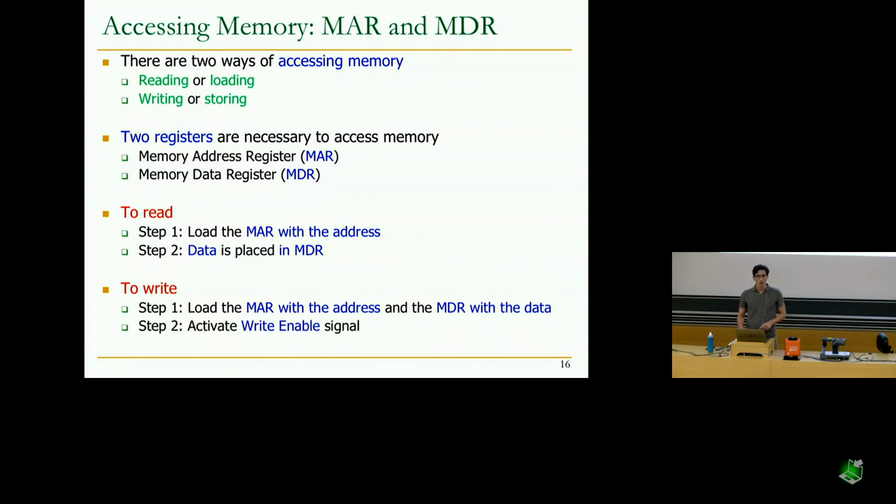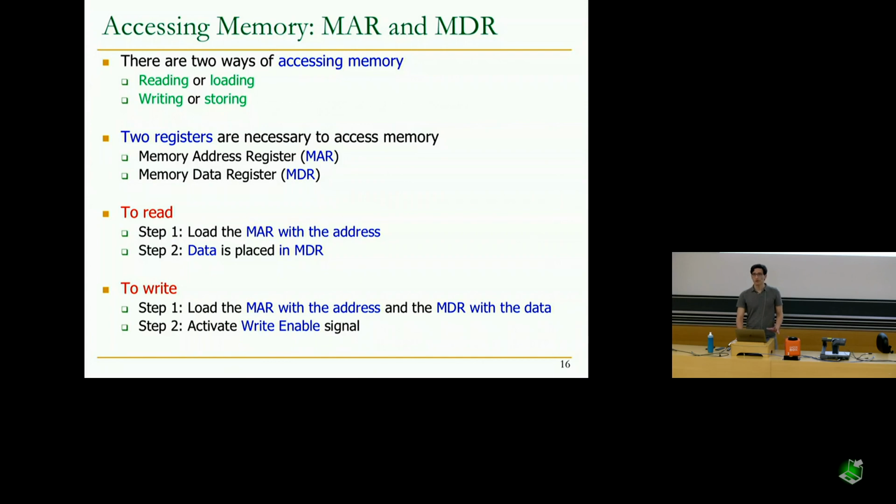In step 2, we will activate one specific signal, or maybe several signals, that in summary will be something like a write enable. So we place the address, we place the data in the corresponding register, we activate this signal, and then the data is written into the memory.